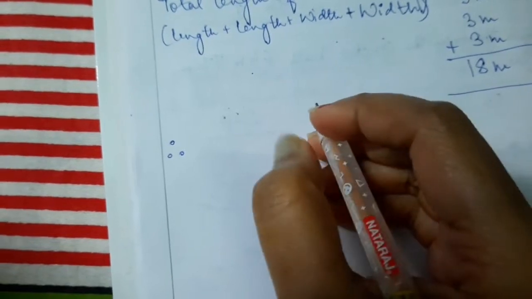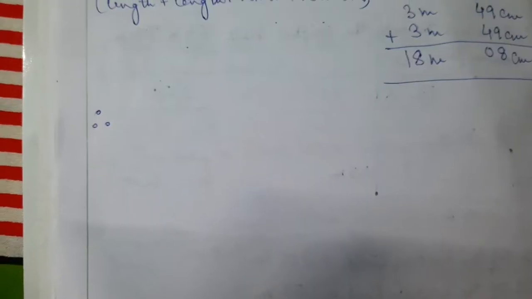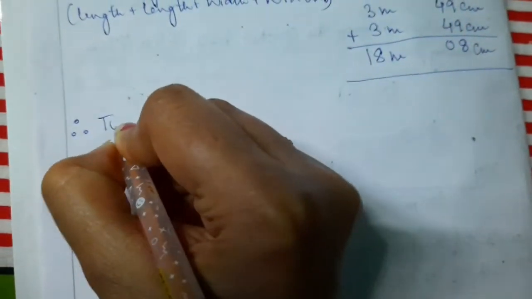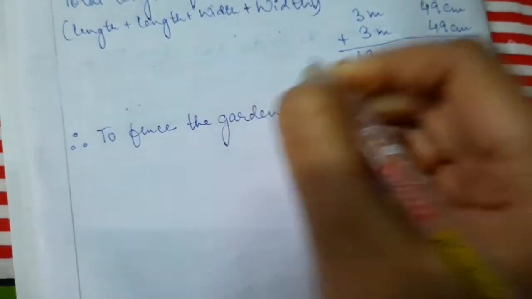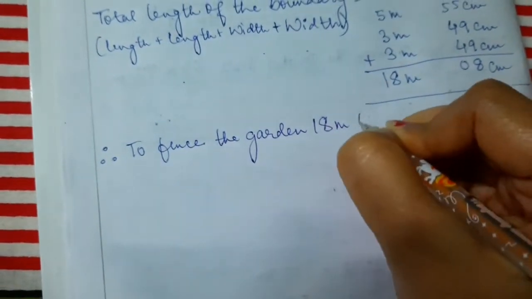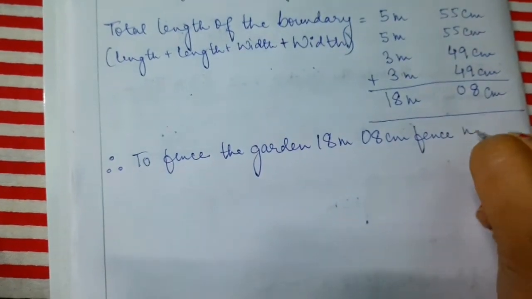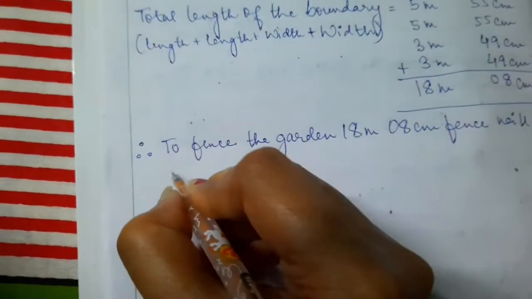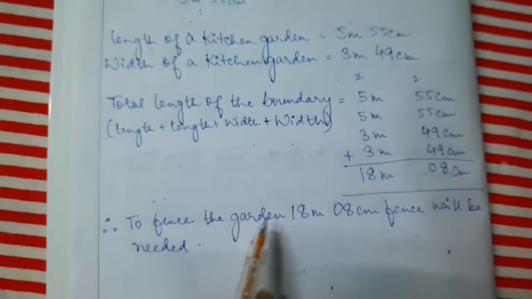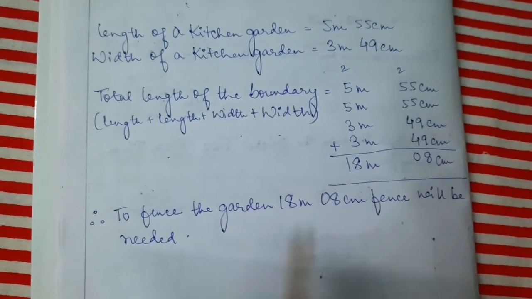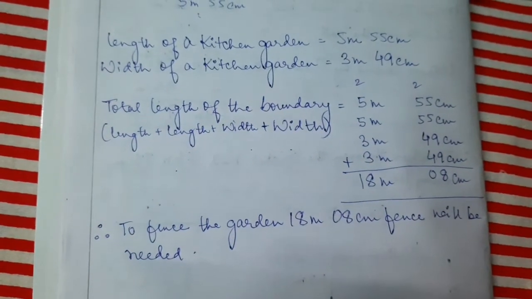Therefore, to fence the garden 18 meter 8 centimeter fence will be needed. Very easy. To fence the garden 18 meter 8 centimeter fence will be needed. I hope you have understood this sum. Let's move on to the next question.